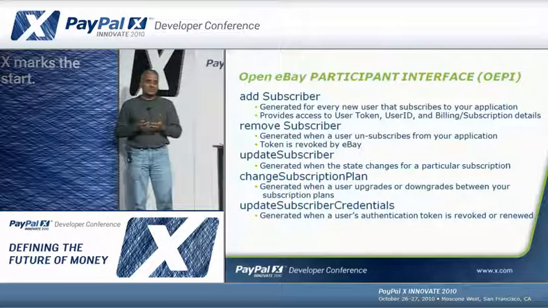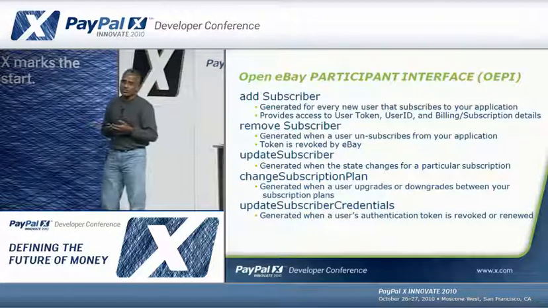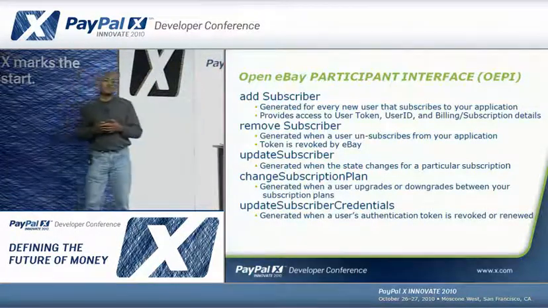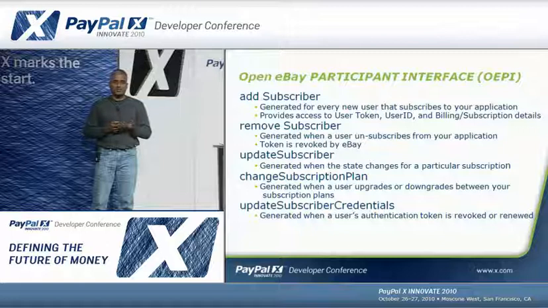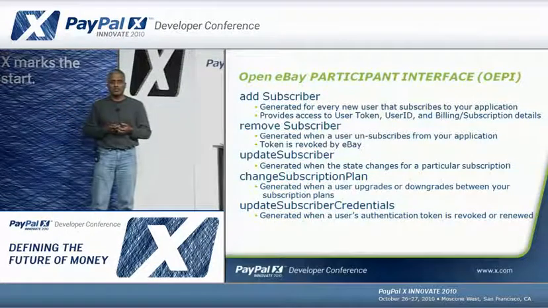When there are changes to the subscription, we'll let you know, and you can take action. And we will also pass you credentials that you could choose to store for subsequent usage. So that's the participant interface. It's a very simple interface. I think the names are self-explanatory about what they do and why you would need them.